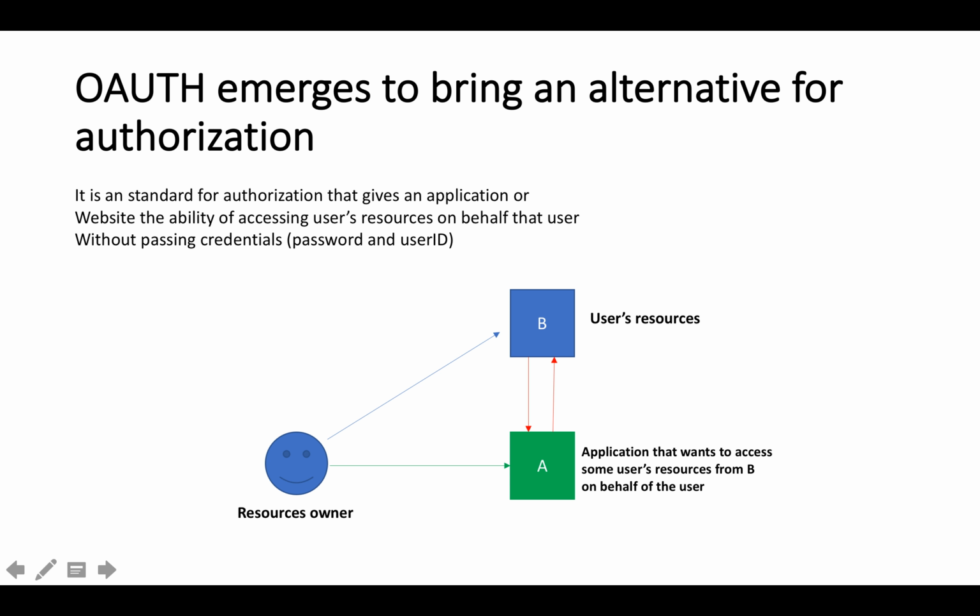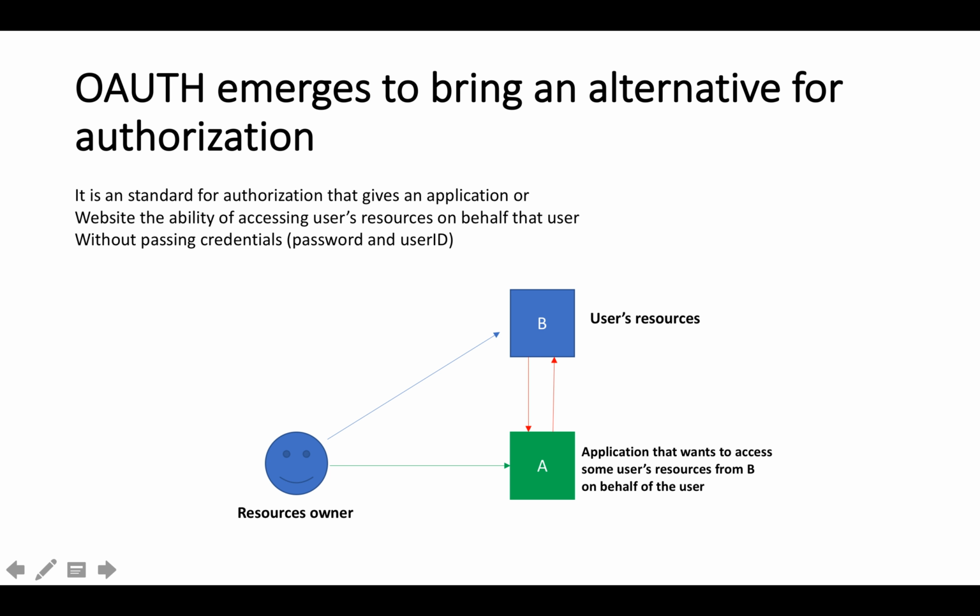Instead of this user passing through this application his user ID and password to server B, he just allows this application A to use the resources on server B. And the server will receive the authorization of this user to bring back those resources to application A through a token.